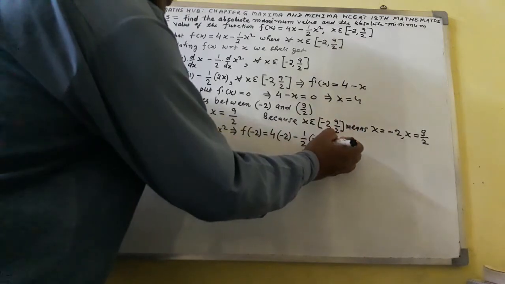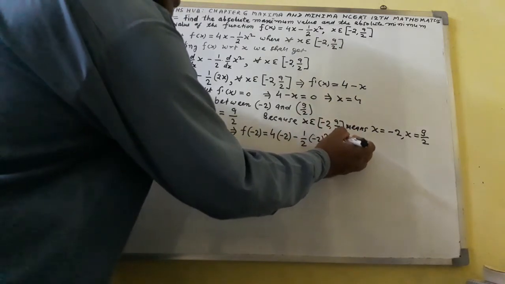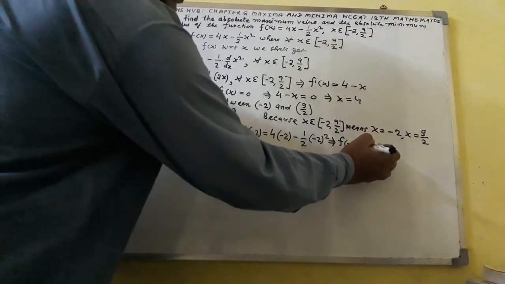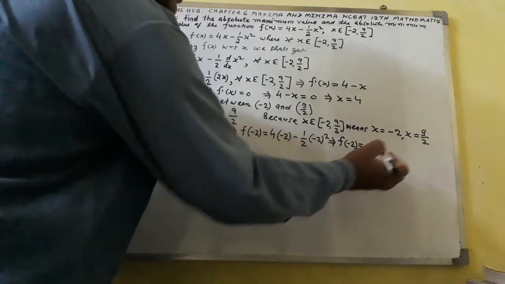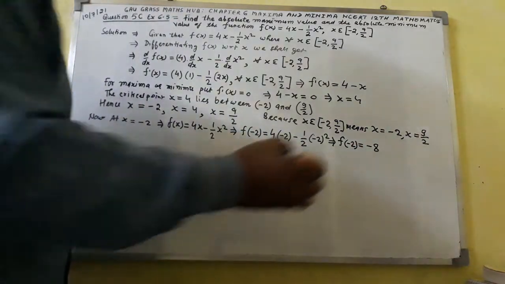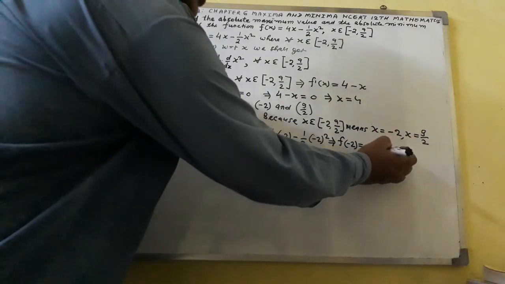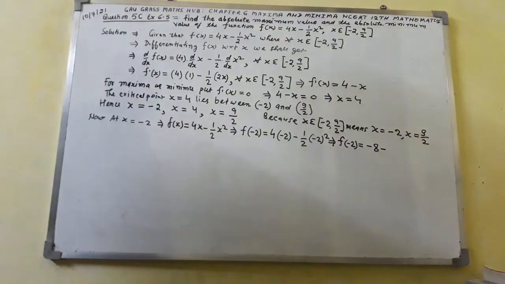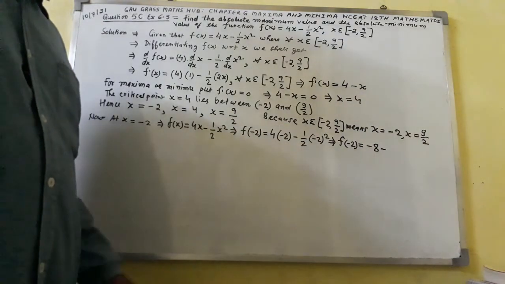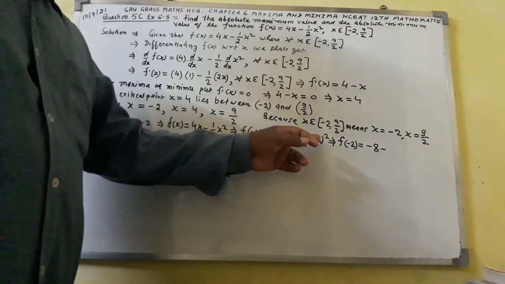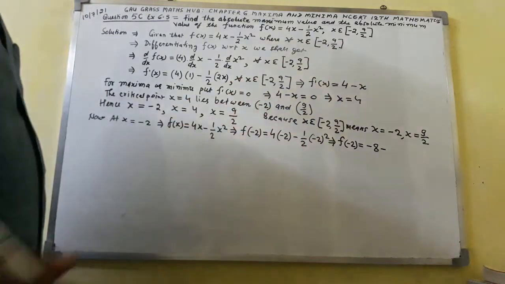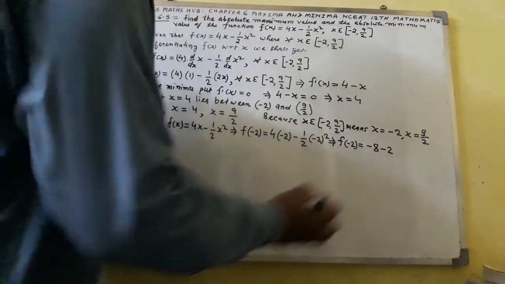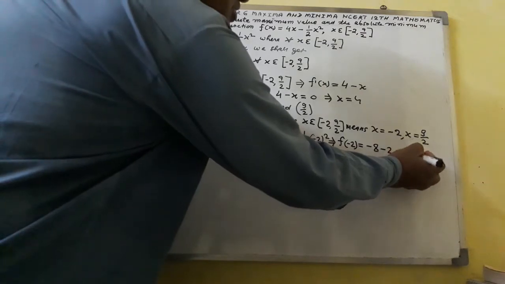You will get here, implied that f of minus 2 equal to minus 8 minus, here minus 2 whole square comes out to be 4. Minus 2 will multiply to minus 2. We will get 4. 4 divided by 2 we will get here 2. So here I shall write 2, equal to minus 10.